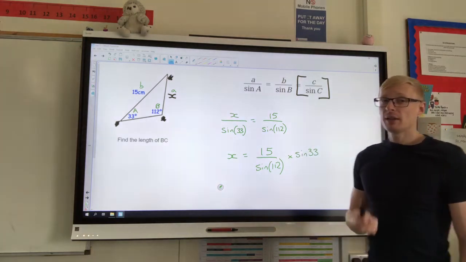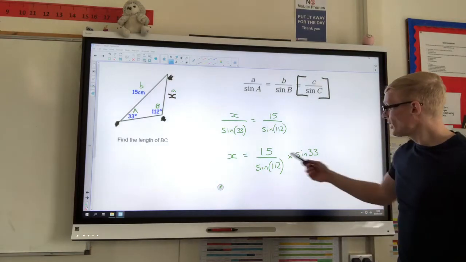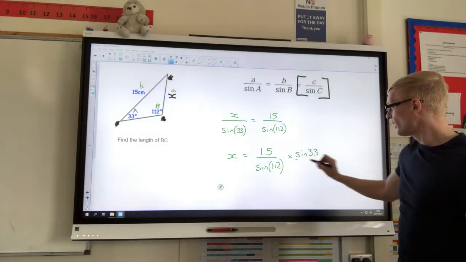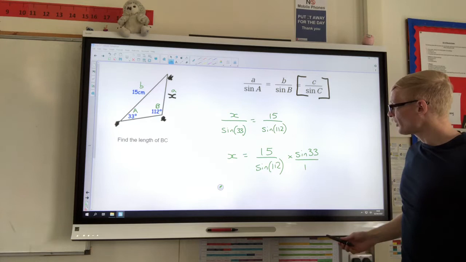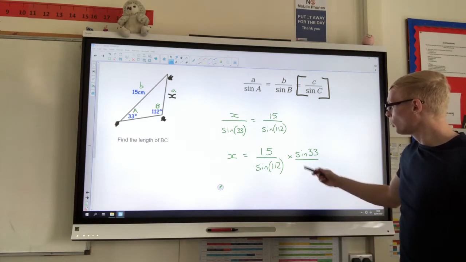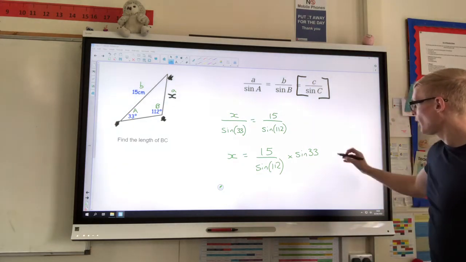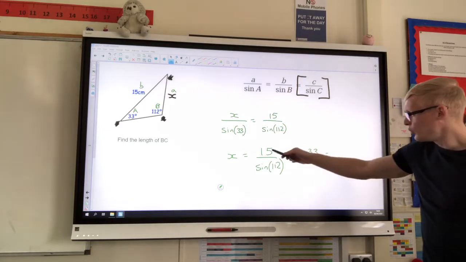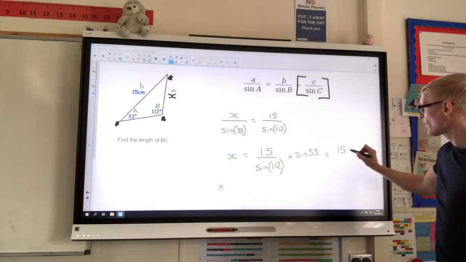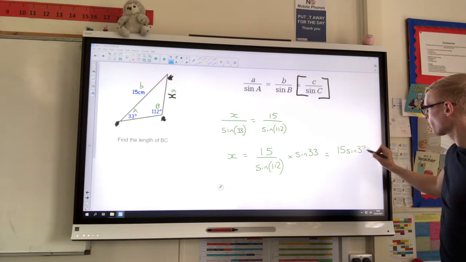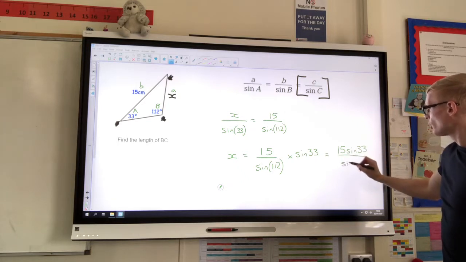Now, you can write it like that, or you need to be aware that if I was to multiply those two things together, that would be over 1. So actually, if I wanted to write this all as 1 fraction, I could just have that on the numerator of the fraction, have it as 15 sine 33 over sine 112.